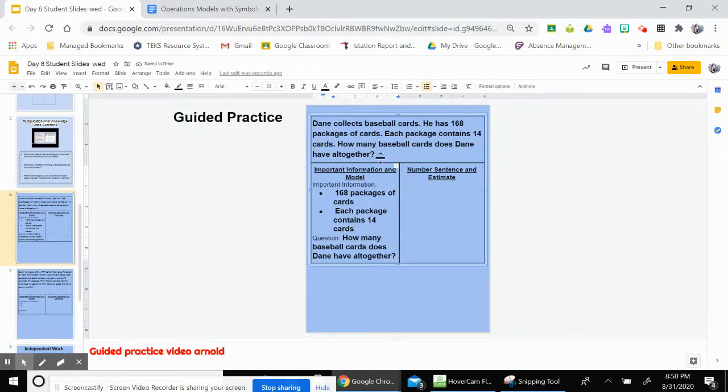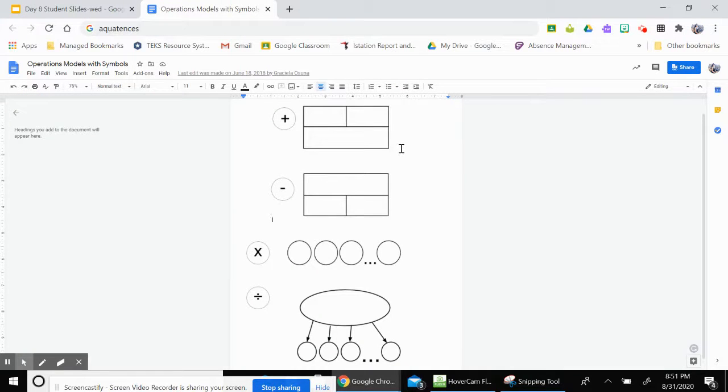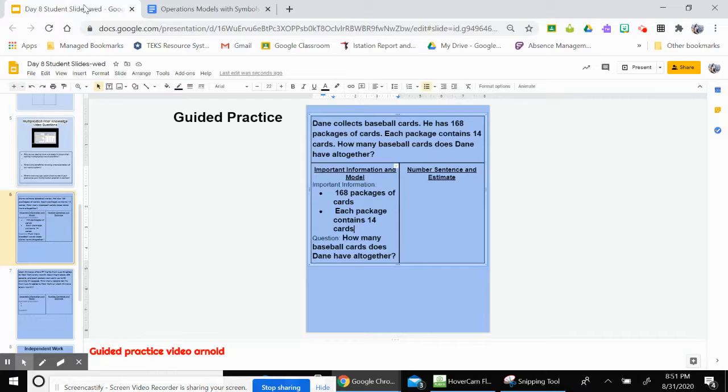So now that I've found the important information, I need to think about what operation I need to do in order to solve the problem. So I need to think, am I putting things together, taking things apart? Do I have equal groups? Let's go back and see. It's saying all together. That is a clue for me that I'm going to be putting things together and making the numbers larger.